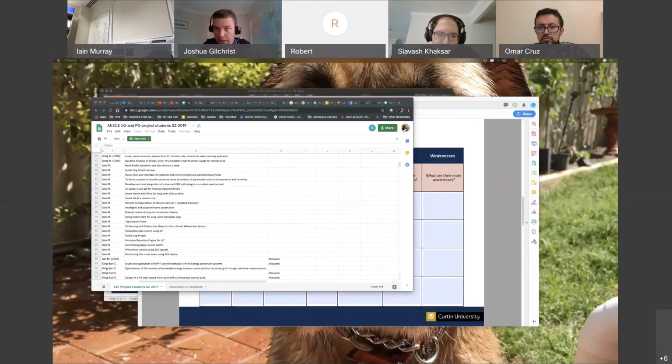I was just going to add, don't forget about using Tinkercad if you do need a breadboard simulated, because there's quite a lot you can do on Tinkercad without actually having to get all the equipment.